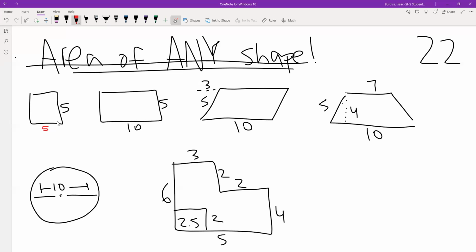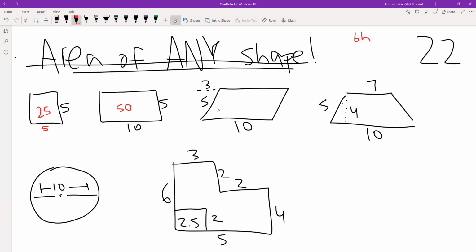And for any quadrilateral, so any four-sided shape that you might see, that for our purposes does not include a trapezoid, so any non-trapezoid thing that has 4 sides, you do base times height. Base times height, that's 5 times 5, that's 25 is the area for this. Well, here 5 times 10 is 50. Well, we could do 10 times 5 too, whatever.